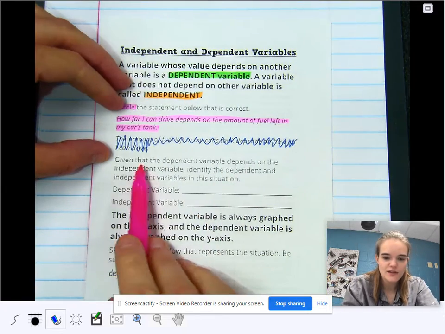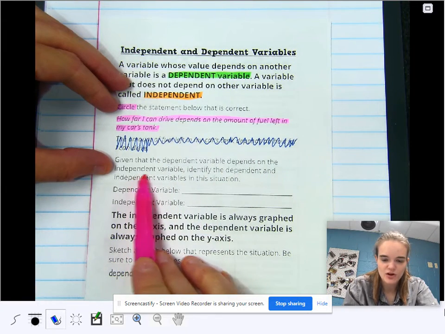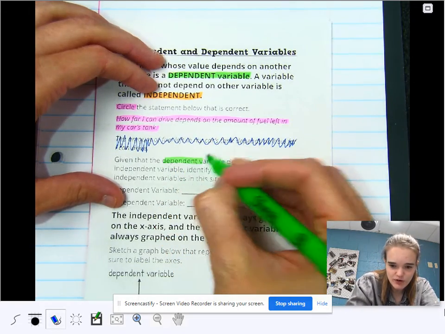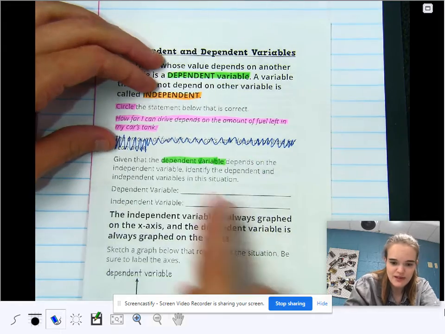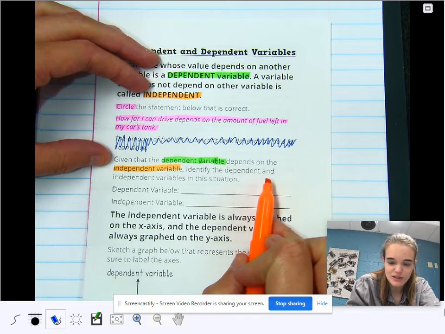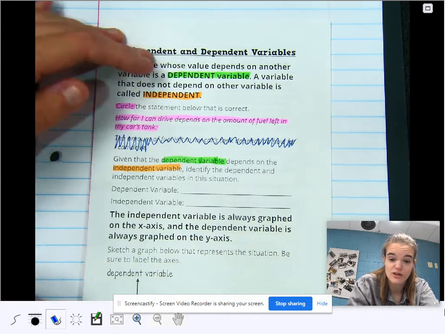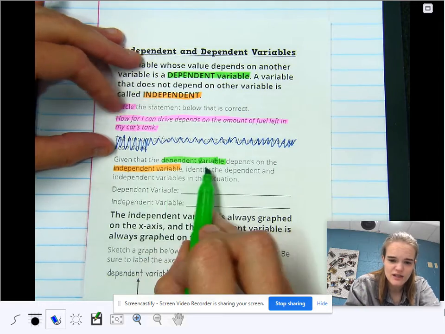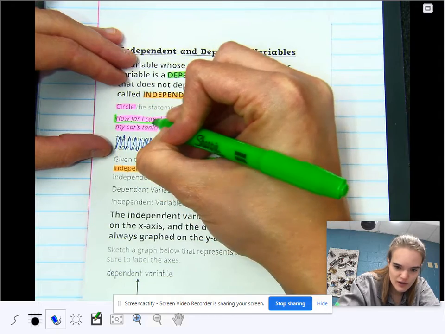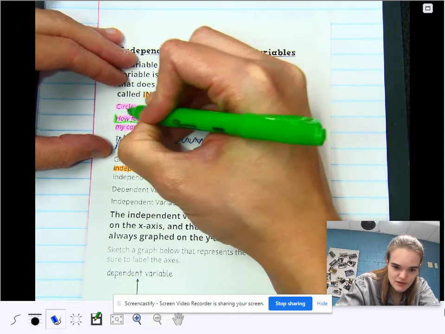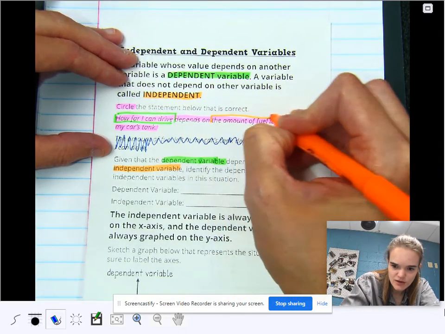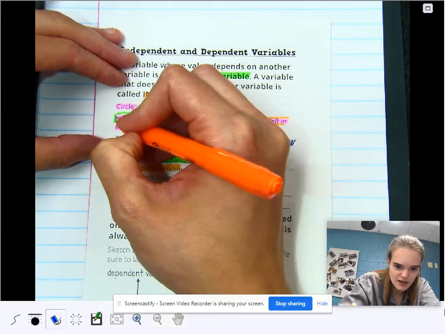Okay. Given that the dependent variable depends on the independent variable, that's going to help us today. Identify the dependent and independent variable in this situation. I'm going to box those in. The dependent variable, how far I can drive, depends on the amount of fuel left in my car's tank.